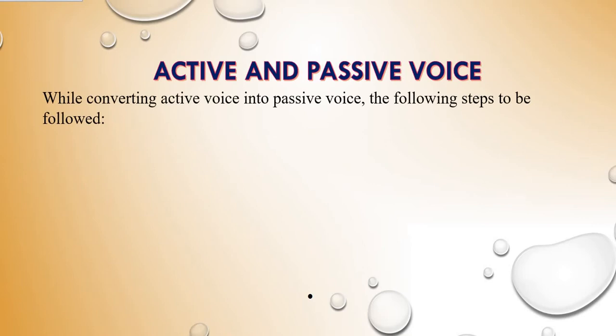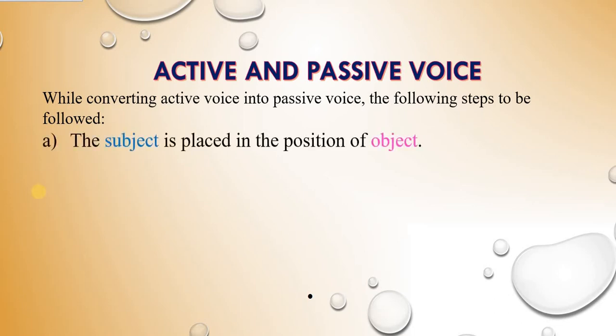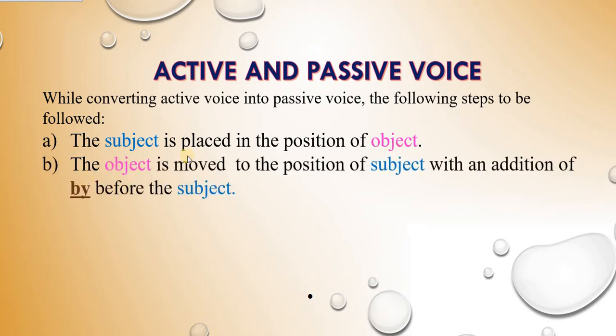And before converting active voice into passive voice, we have to understand certain rules to be followed. The subject is placed in the position of the object. The subject of active voice comes to the position of the object of passive voice. The object is moved to the position of the subject with an addition of by before the subject.